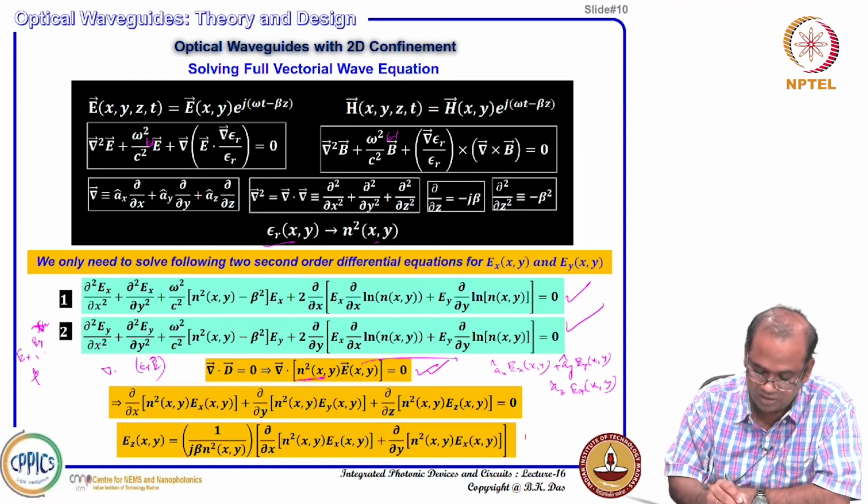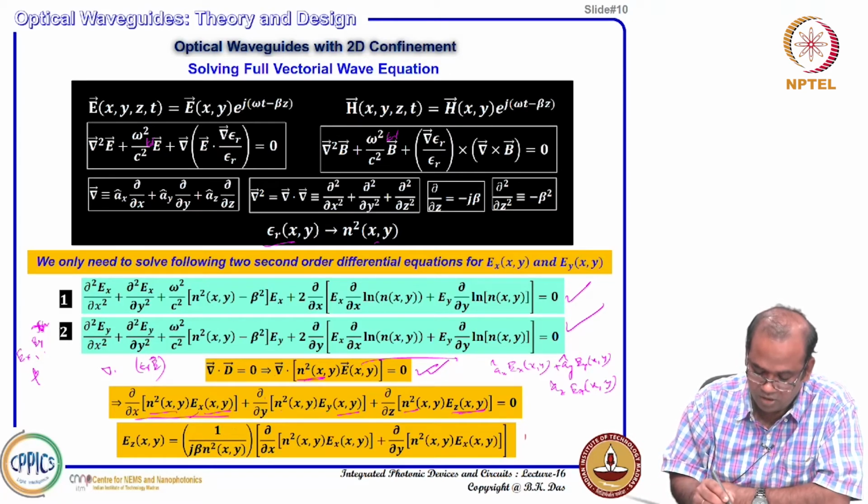So, it is a scalar. So, you can write del del x of n square times Ex, del del y of n square times Ey, del del z of n square times Ez(x,y). Both n square is a function of x y, and we know that the solutions coming out, Ex and Ey, are also functions of x y.